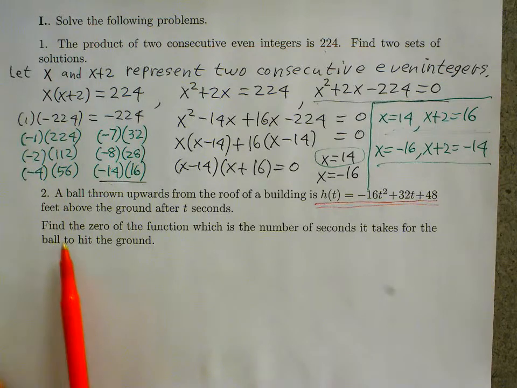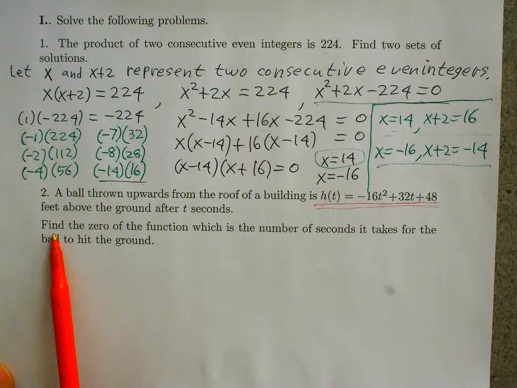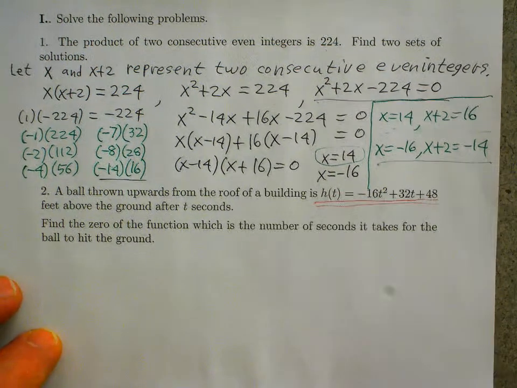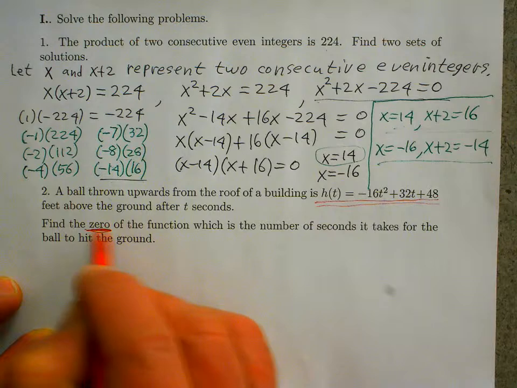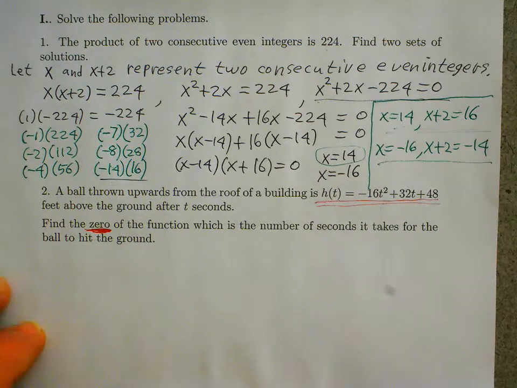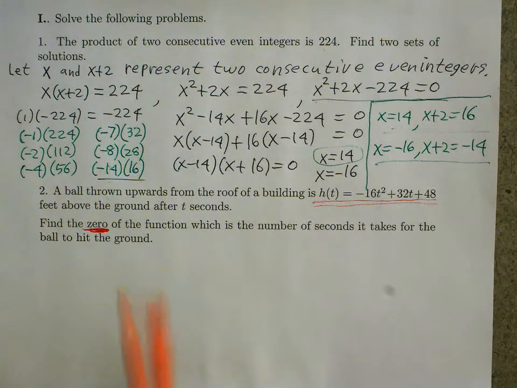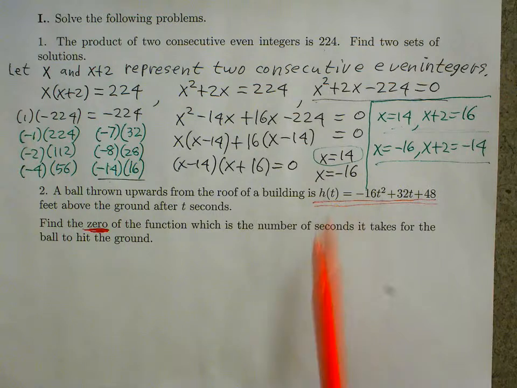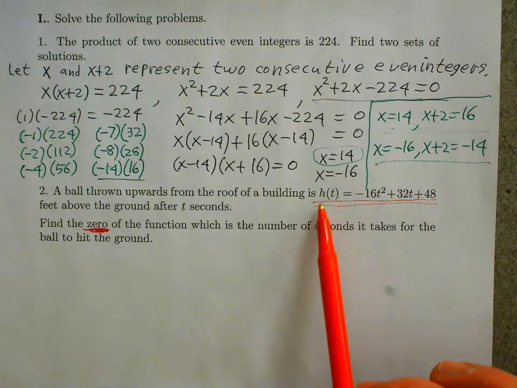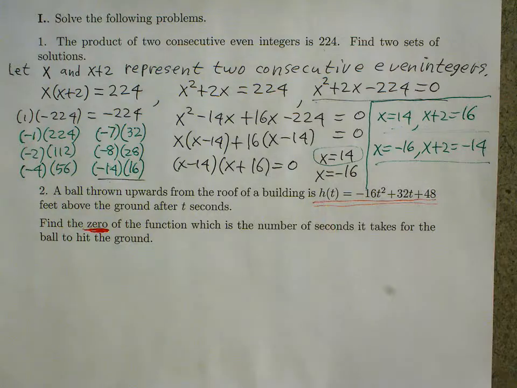Okay, so this says find the zero of the function. So I should explain what that is. The zero of the function is the t value that makes the height equal to 0.